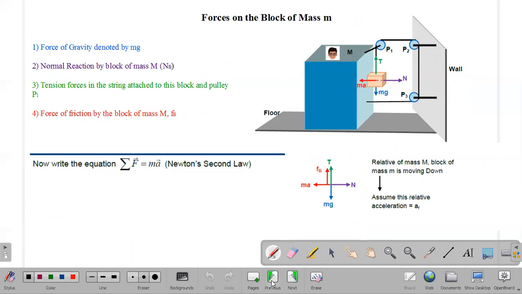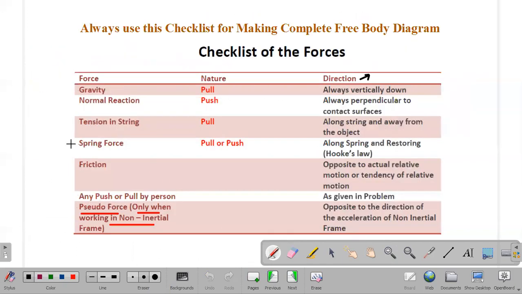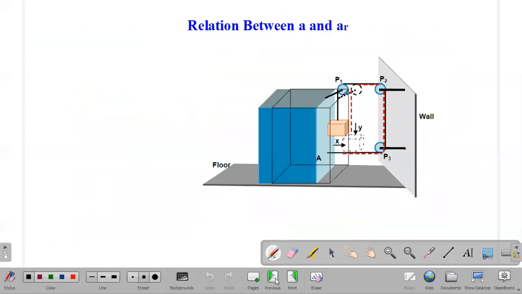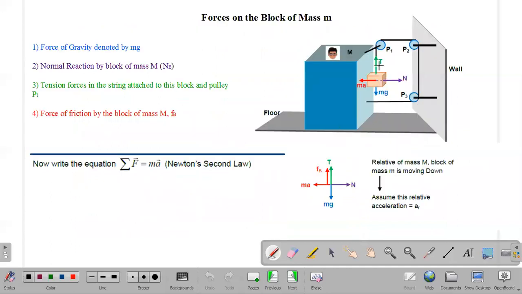The same process we have to follow: we have to draw all the forces in accordance with our checklist, just to confirm that we have considered all the forces and no forces are missed by us. In accordance with the checklist, the forces acting on this mass are the weight, the force of gravity mg, the normal reaction by the block NB, and the tension force by the string.